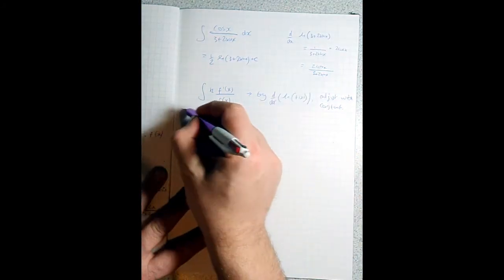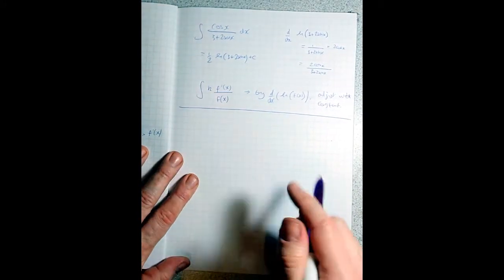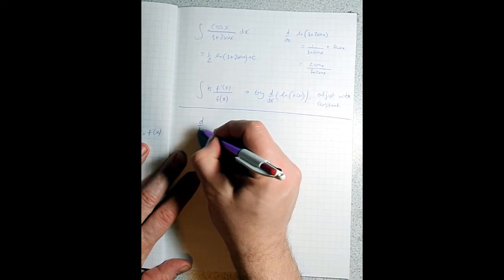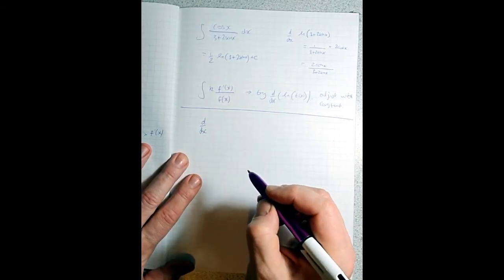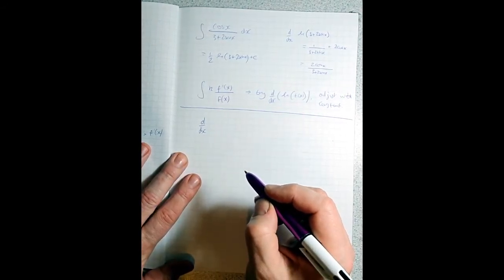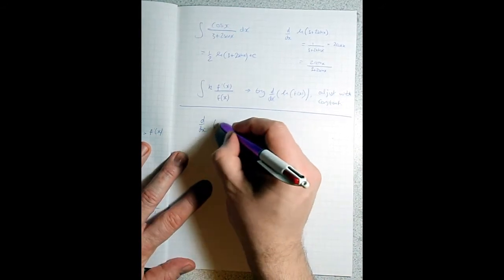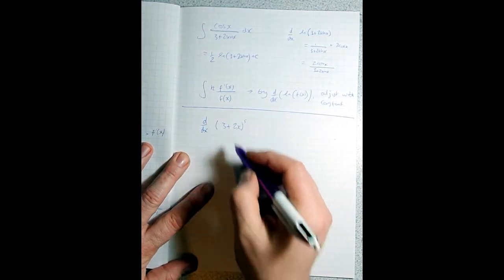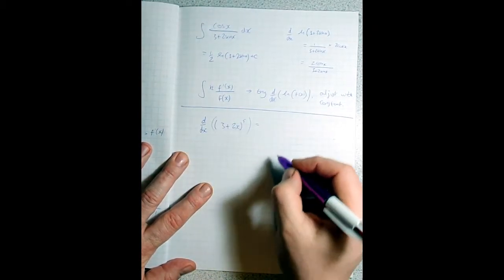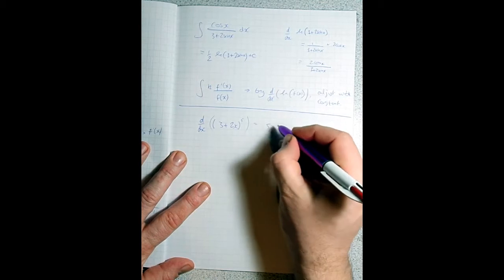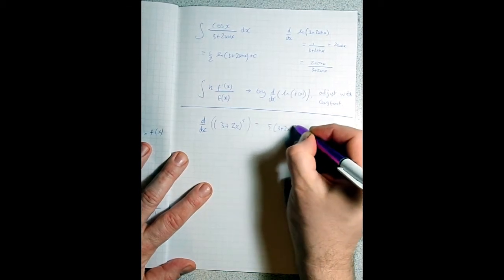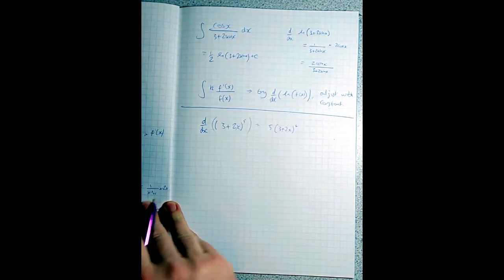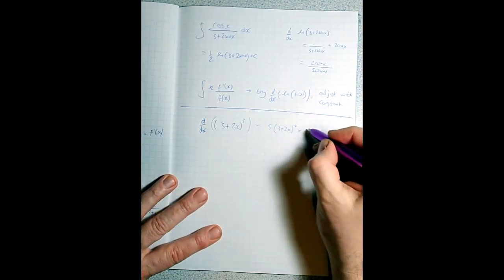Now, there's a similar method. Let's try, if I differentiate 3 plus 2x to the 5. Because that chain rule says 5 times 3 plus 2x to the 4 multiplied by the derivative of the bracket.